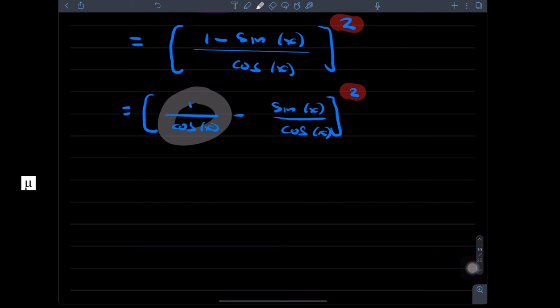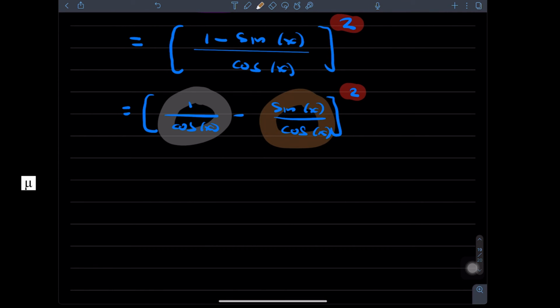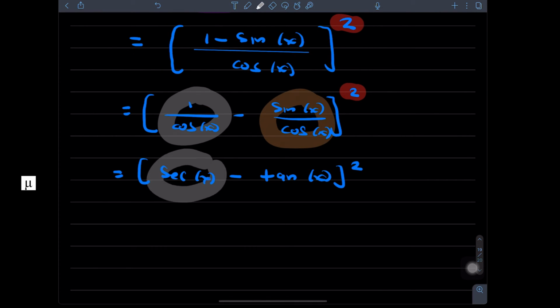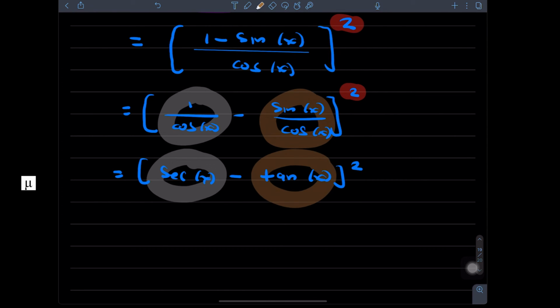So really, that is a reciprocal identity for secant, and that's the identity for tangent. So, ladies and gentlemen, this is now what? Secant minus what? Tangent. The square is here, and this is where secant is. Let me circle it. This is where tangent is.